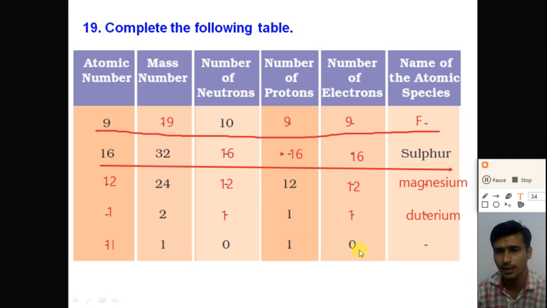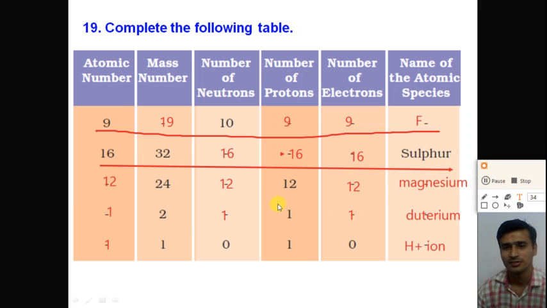That means 1 electron from the hydrogen atom is removed. So the name of the species is hydrogen ion. It becomes an H plus ion. So understand, dear student, all the answers of all the questions given in the exercise.